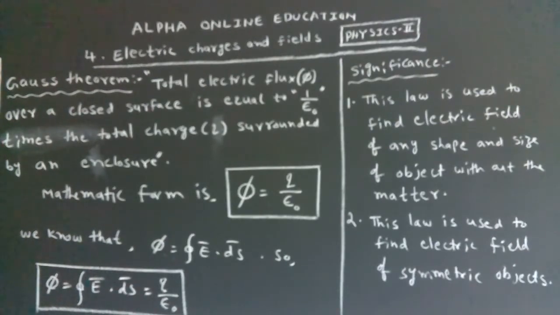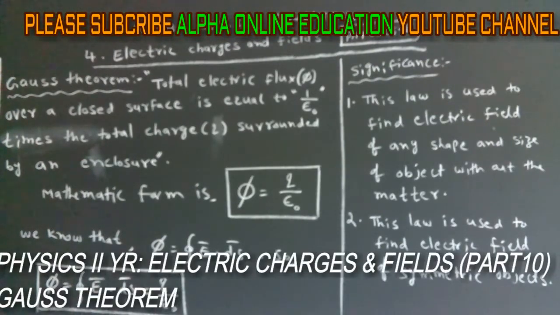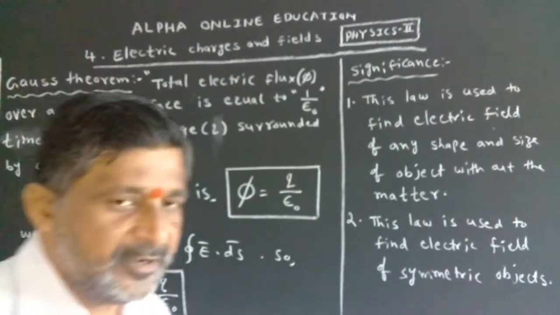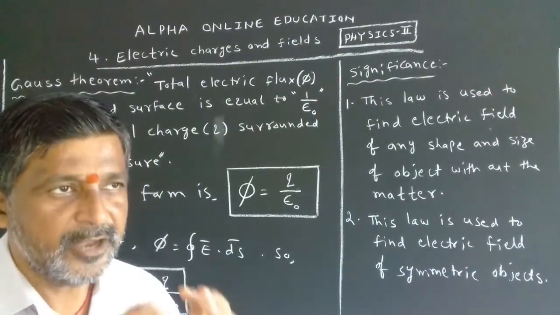Next, electric field by a charged sheet. Next, electric field by a charged sphere. Otherwise, electric field by a uniformly charged wire, electric field by a uniformly charged sheet, and electric field by a uniformly charged sphere. First one is electric field by a uniformly charged rod. Next, uniformly charged sheet and uniformly charged sphere.